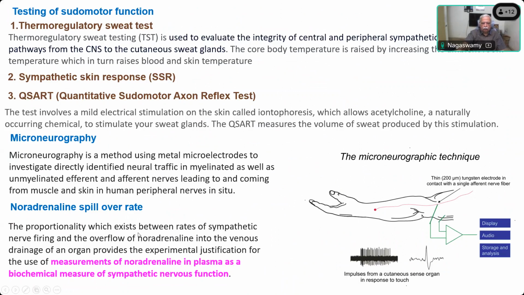If the sympathetic nerve component is normal, then when you stimulate, the noradrenaline will spill over into the plasma and you will be able to measure the level. On the contrary, if there is dysfunction and the stimulation is inadequate, the noradrenaline level will be low. So that is how you find out.